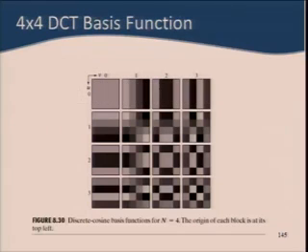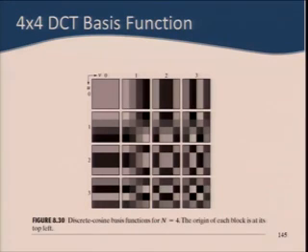I'll try to reduce it to a 4 by 4 DCT basis function. So for this case, I'm going to restrict to 4 by 4 only. But for JPEG, bear in mind, actually it's 8 by 8, because early on, if you can remember, for the DCT transform you have an 8 by 8 image block.